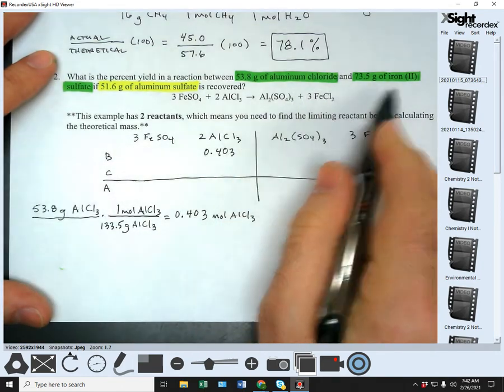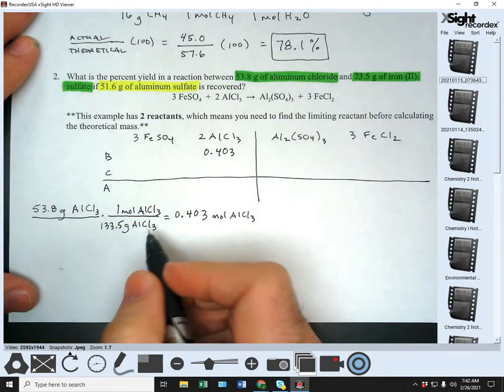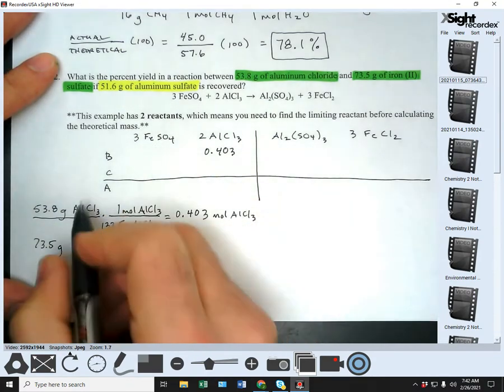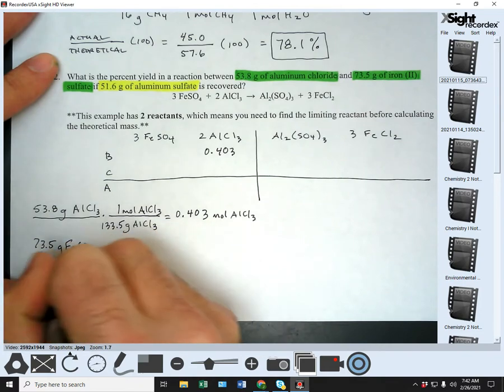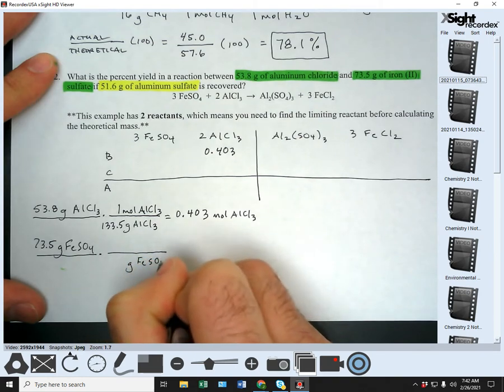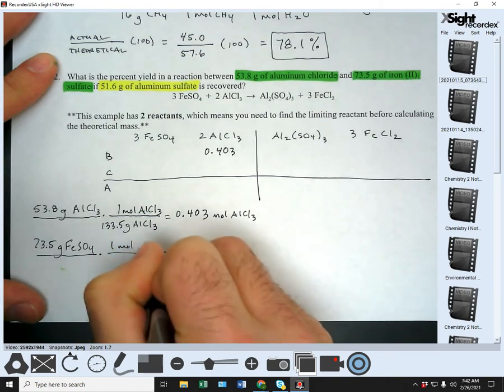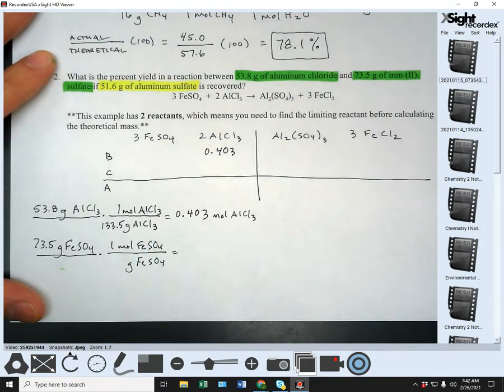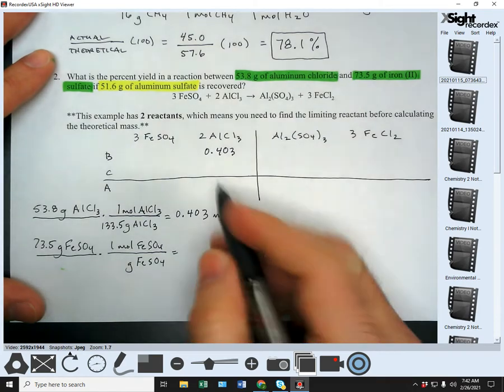Okay, we're going to do the same thing with the iron 2 sulfate. So 73.5 grams of the FeSO4. And we're going to go grams of the FeSO4 to moles. Okay, iron is 55.8 times 1 plus sulfur is 32.1 times 1 plus 4 times 16 for the oxygen gives us 151.9.